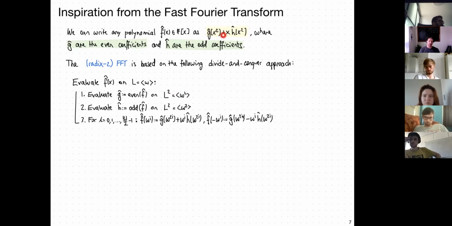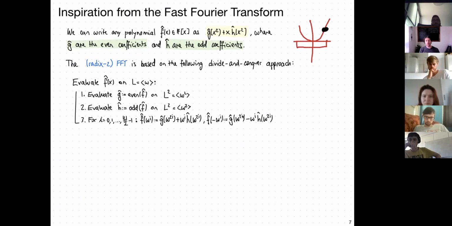The function that we get takes x squared as an argument. And why is that nice? Because if you think about x squared and you want to evaluate it over some domain, then if you know the value at x, because it's squared, you also know the value at minus x.